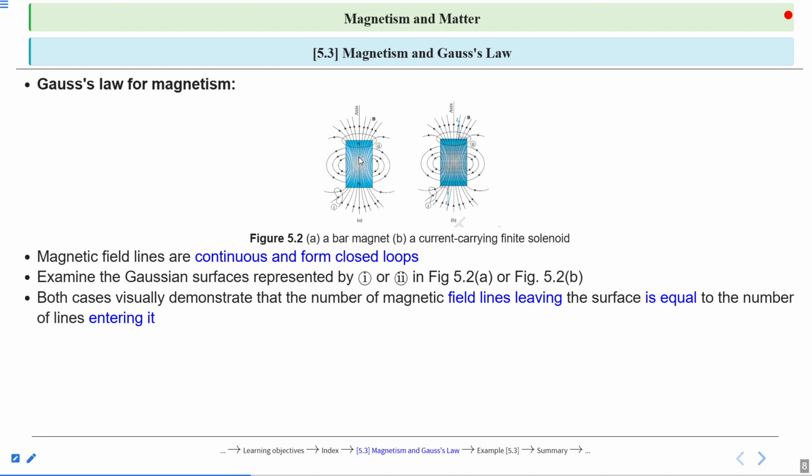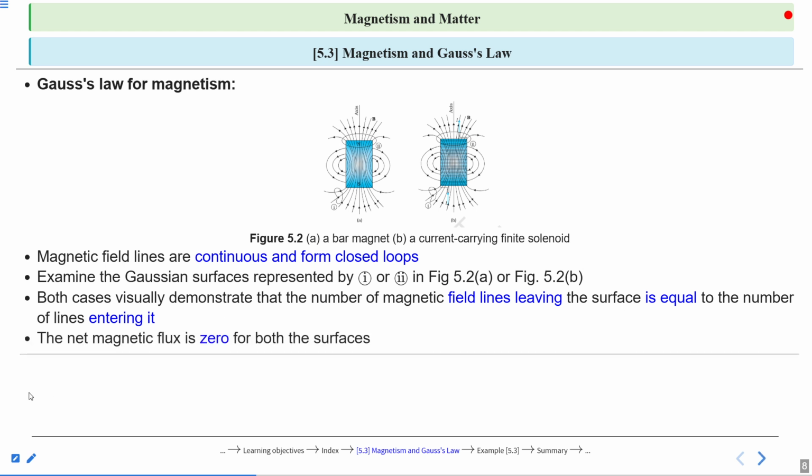So magnetic field lines enter from one side like this and exit from the other side. So for both surface 1 and 2, the number of magnetic field lines leaving the surface is equal to the number of lines entering it. So the net flux is 0 for both surfaces. Understood? So the magnetic flux for a closed surface is 0 for any type of surface.